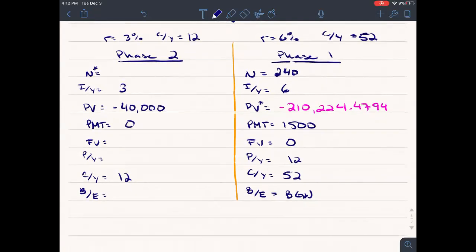Again, here it doesn't actually matter. We said for compound interest, as long as one is negative and the other is positive, for the present value and the future value, it doesn't matter. So our future value is 210,224.48, rounding to 2 decimal places.